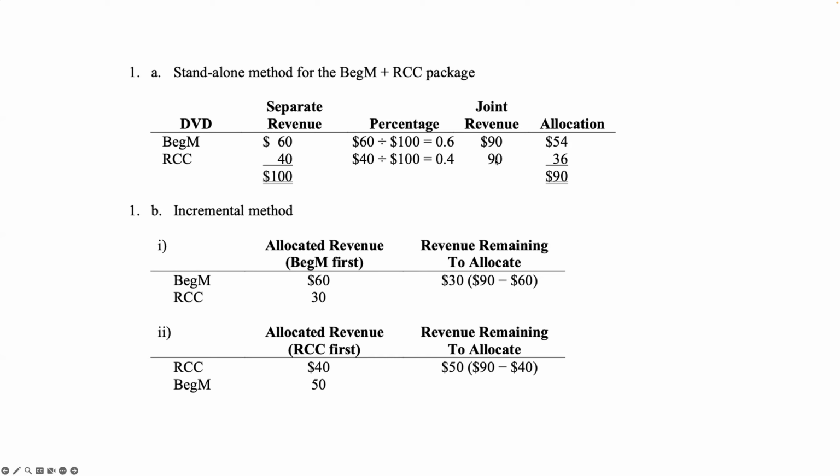That's the $90. And then you're going to allocate that $90 based on the relative percentage, right? So that's the standalone method.